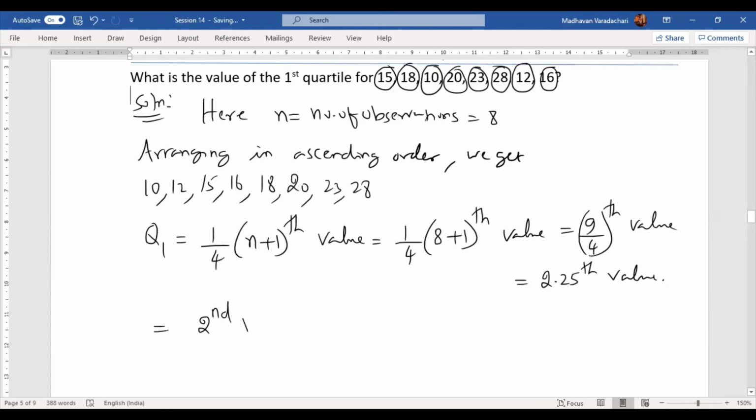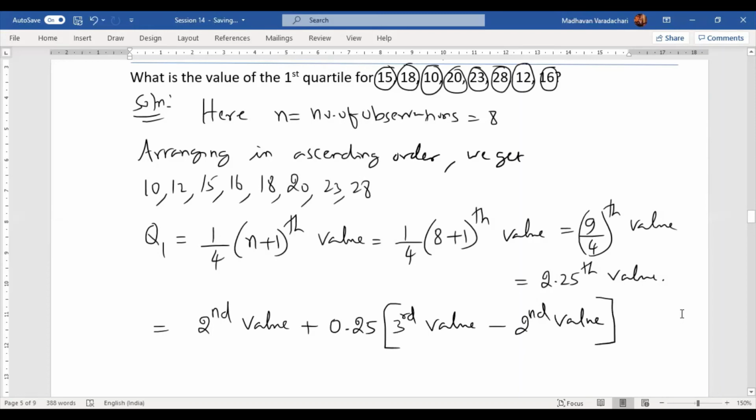So second value plus 0.25 times, opening a bracket, the next to second value, which is the third value, minus the second value. This is the way we interpolate the value that is required.